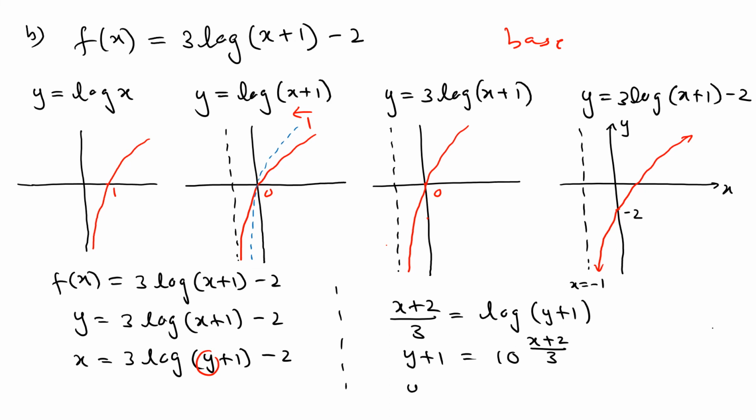Then y is simply subtract 1 from this, so it is 10 to the power (x plus 2) over 3 minus 1, and we can replace this by f inverse of x. So f inverse of x is 10 to the power (x plus 2) over 3 minus 1. That is the inverse function.